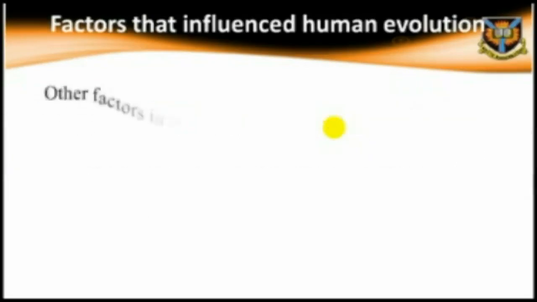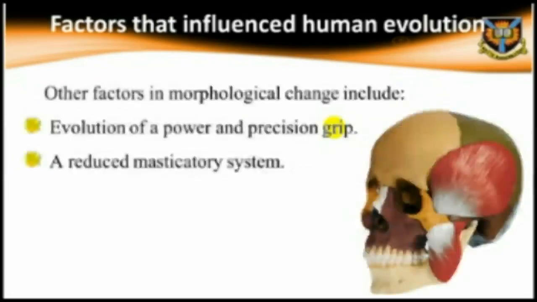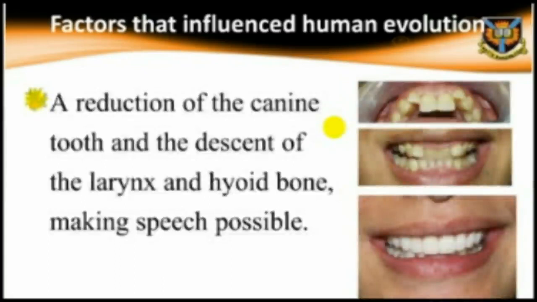Other factors in morphological change include: 1. Evolution of a power and precision grip. 2. A reduced masticatory system. 3. A reduction of the canine tooth and the descent of the larynx and hyoid bone, making speech possible.